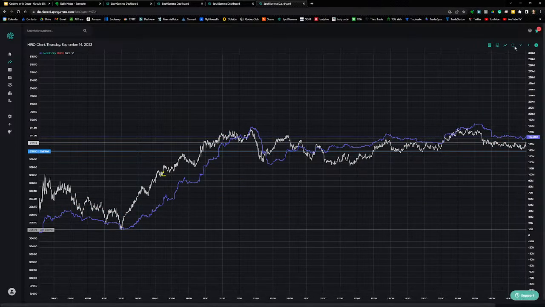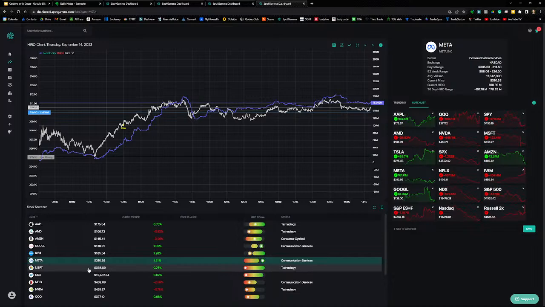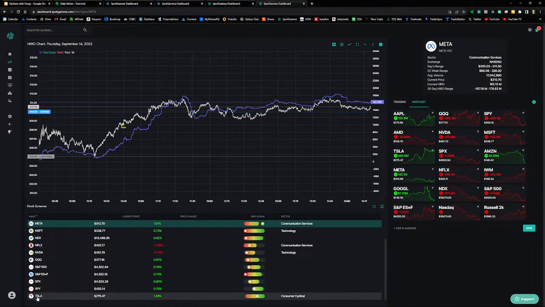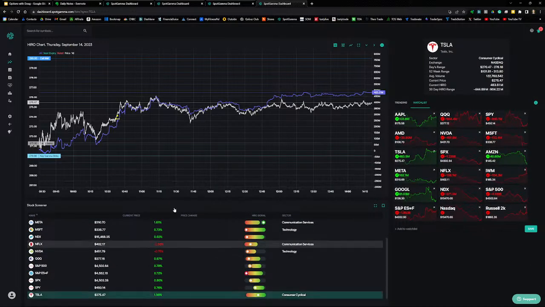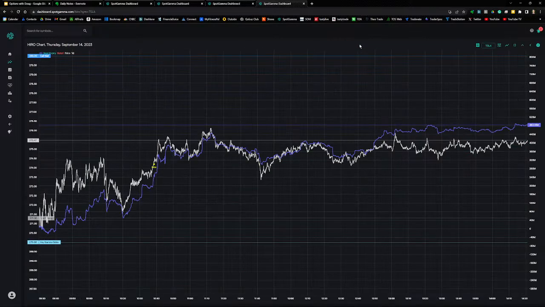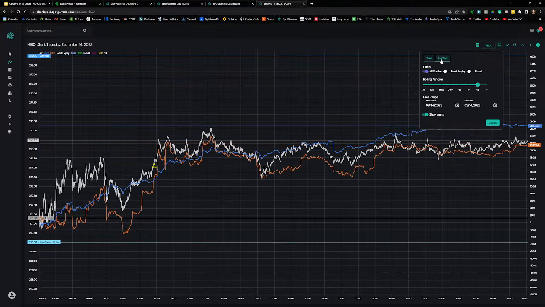Let's take a look at one other stock, Tesla. Bullish day in Tesla. Let me just zoom in on this.